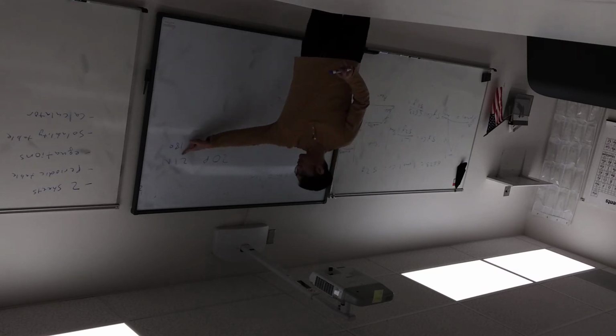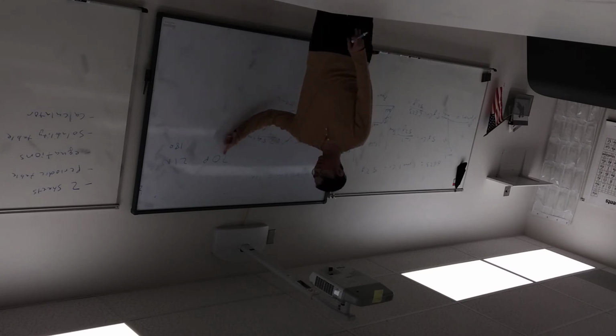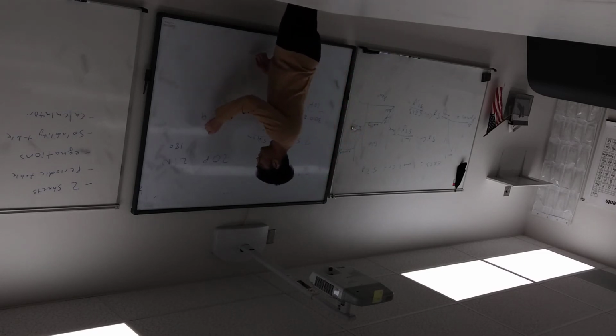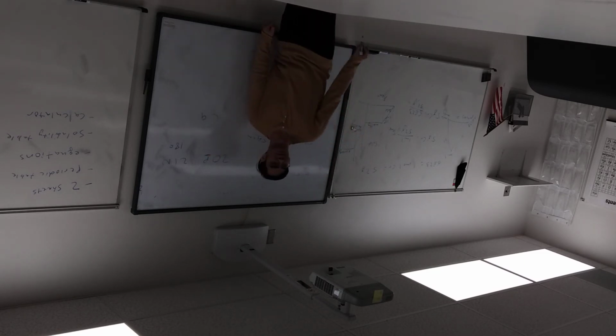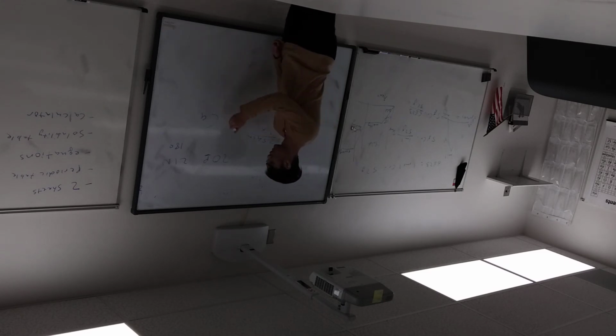Is it number of neutrons or protons? Protons. So there's 20 protons, so it's calcium. Number of protons gives you the atomic number. Okay, what's the mass of this? 41.